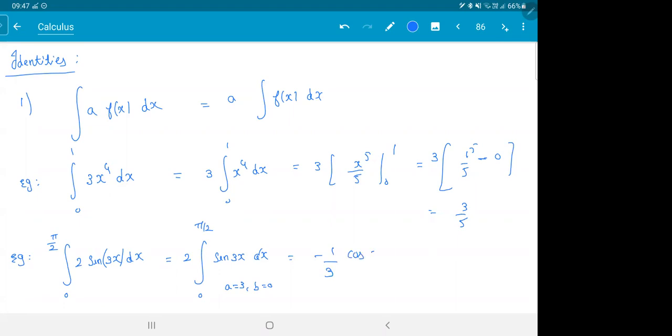This becomes cos 3x. The 2 is sitting outside. So minus 2 by 3, that would be cos 3 pi by 2 minus cos 0. Cos 3 pi by 2 is 0, minus 1, so 2 by 3. You're getting? So just push the constant outside and integrate.